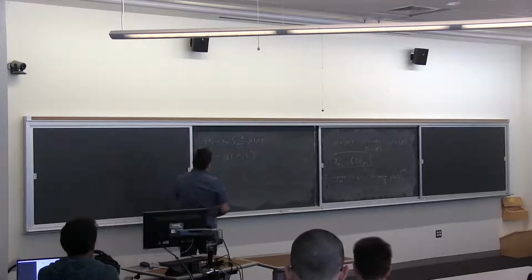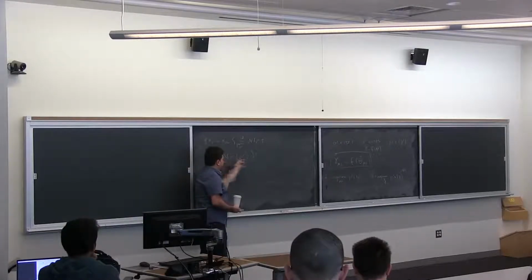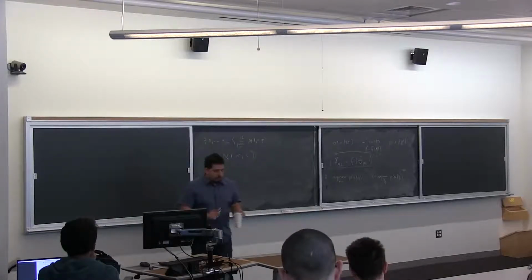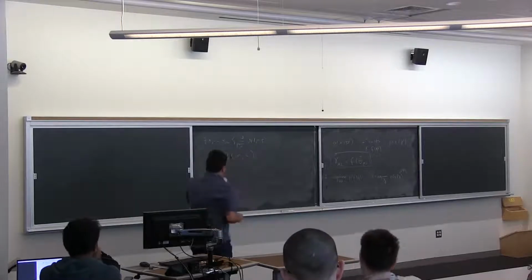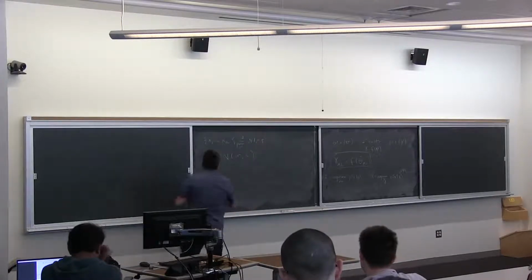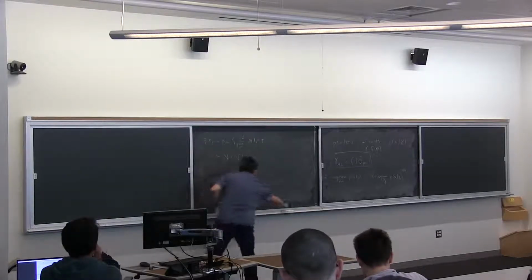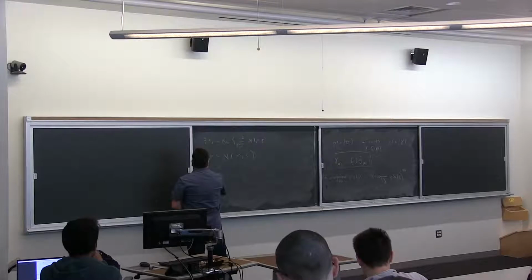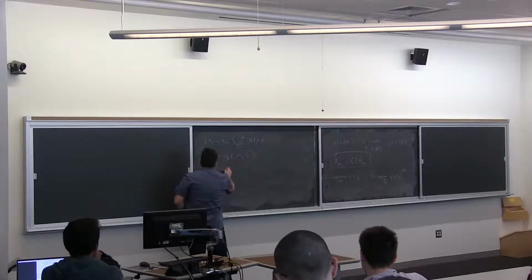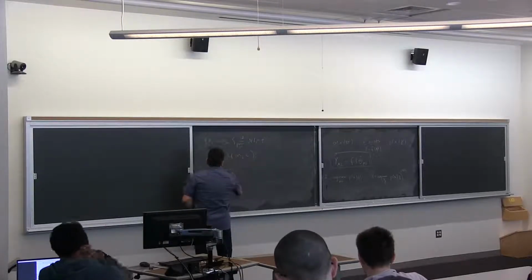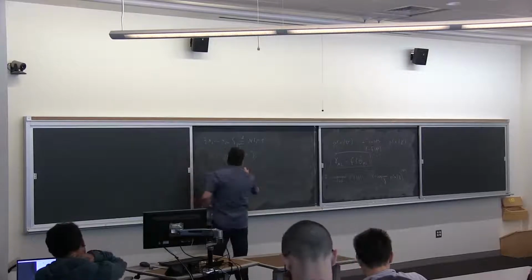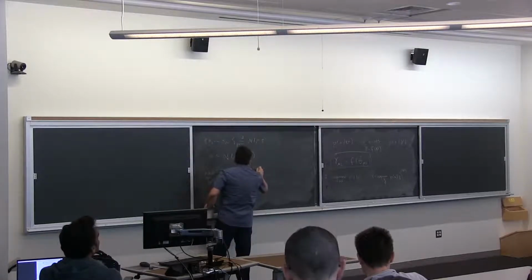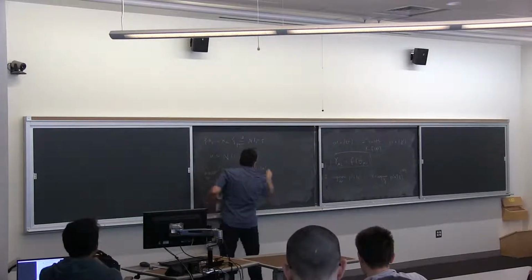So the expected value of mu is m, and the covariance of mu is C, before we observe any data. So my MAP estimator, mu hat MAP, will maximize the log likelihood plus log prior.